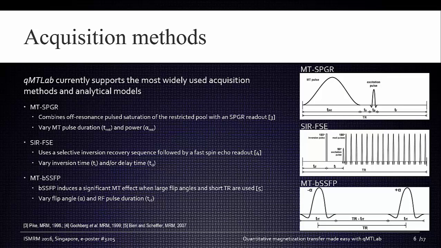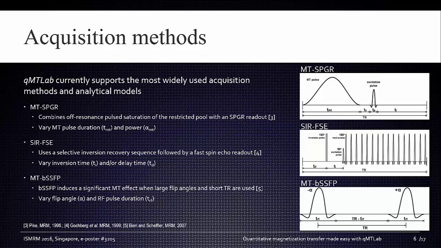So qMTLab currently supports the most widely used acquisition methods and analytical models. We have these three methods here. The MT-SPGR, which combines off-resonance pulse saturation of the restricted pool with an SPGR readout.